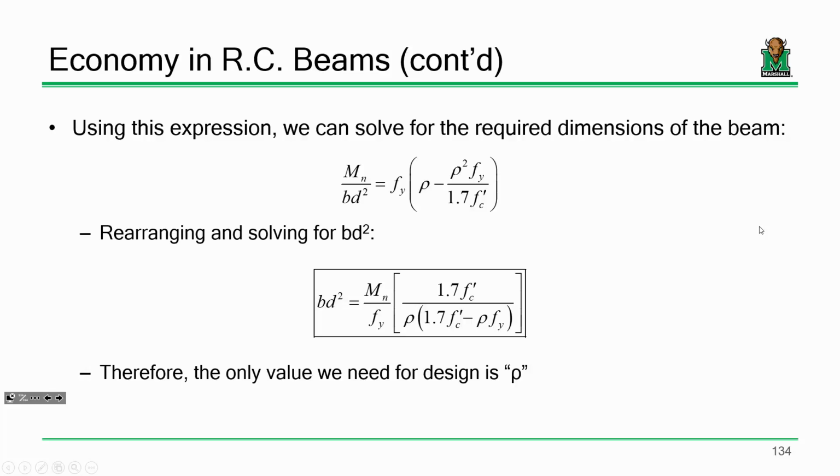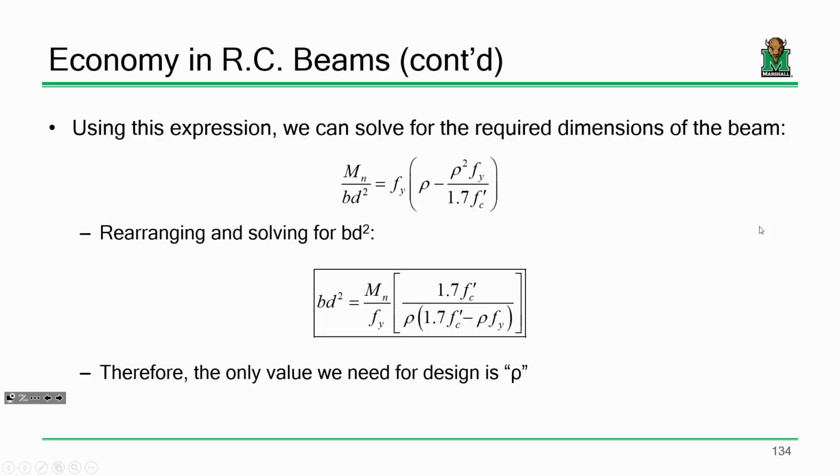So the nice thing is that given a rho value, a reinforcement ratio, I can determine how big my beam needs to be. This term represents the shape of the beam, and it is a function of the applied moment, material characteristics, and rho.